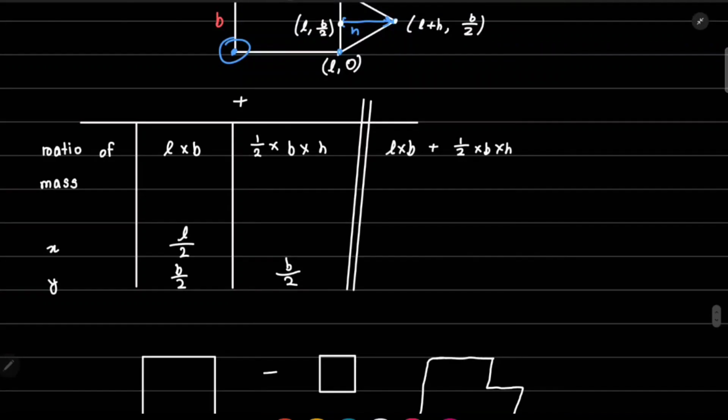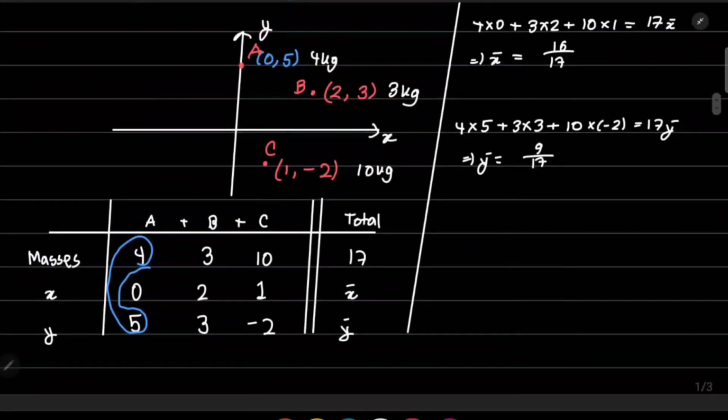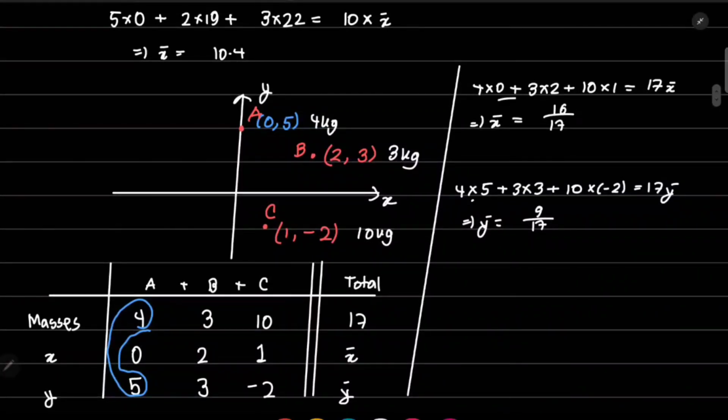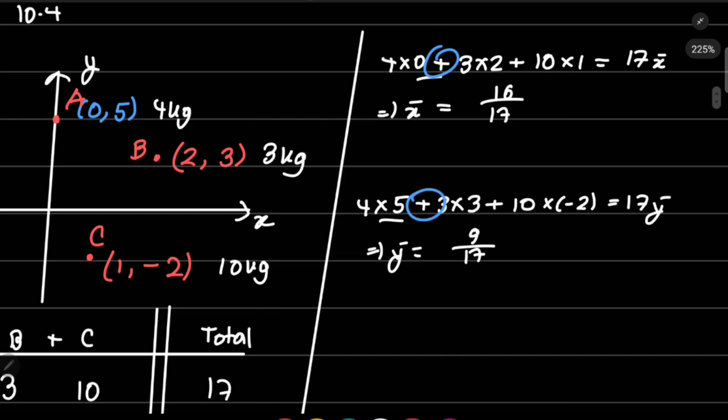The difference with this would be, in this case, we multiplied the ratio of mass with the x coordinate and the y coordinate over here, and then we added it. So we had a case like this and this. In this case, we added the two terms.